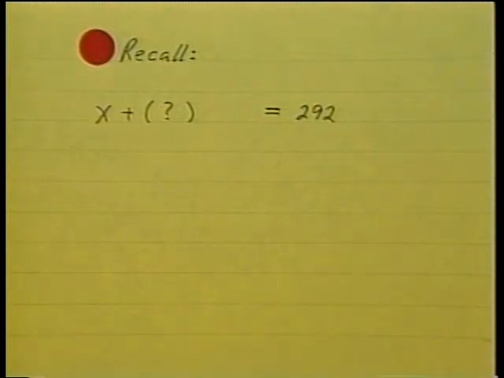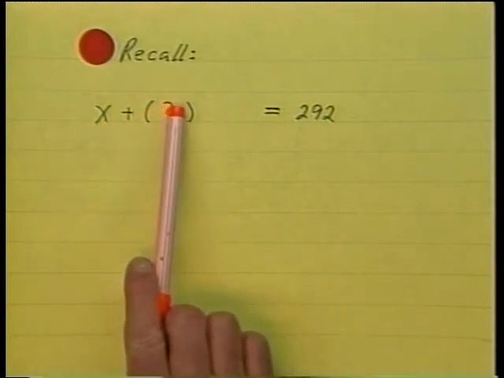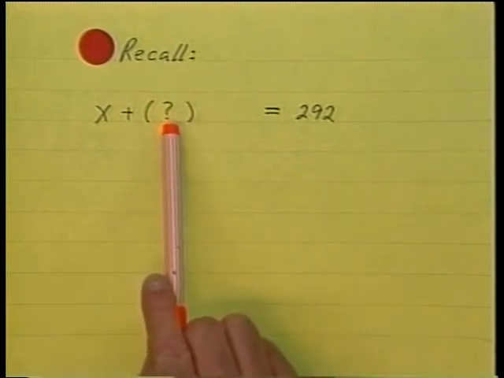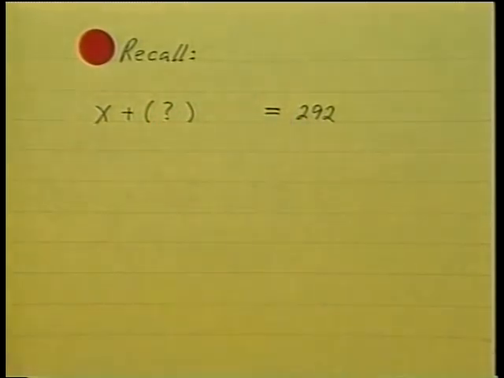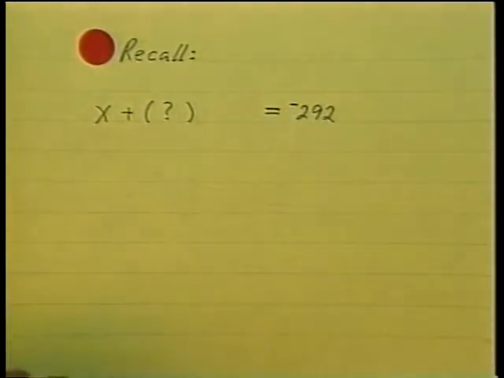Many lessons ago we began with the simplest kind of equation where we have only one variable and we're adding something to it, whatever it is. I used a question mark here to indicate this could be any number, and we want it to be equal to any other number, now positive or negative.